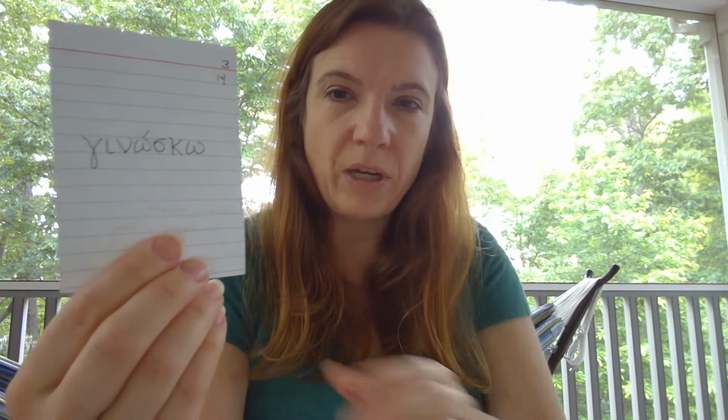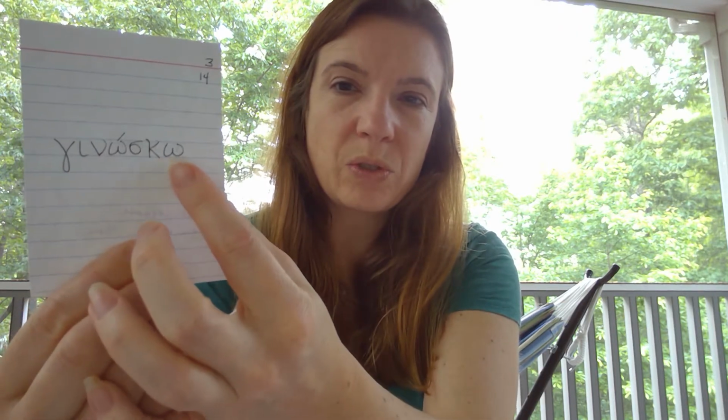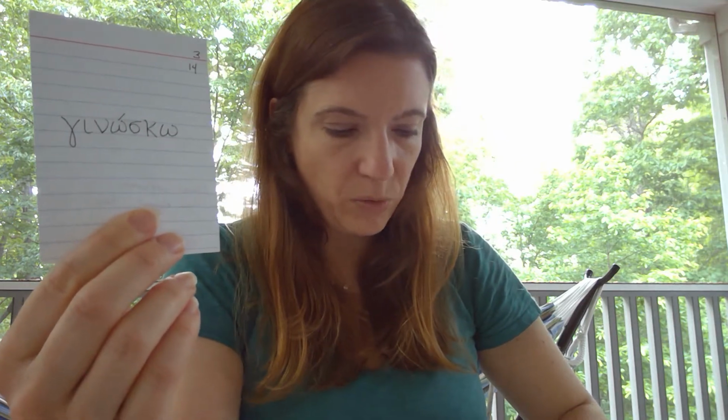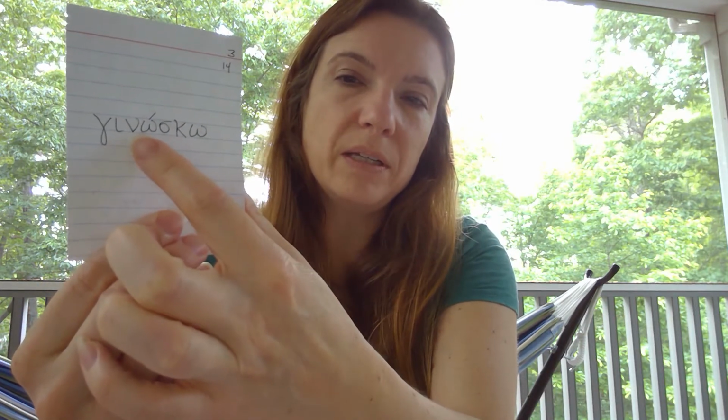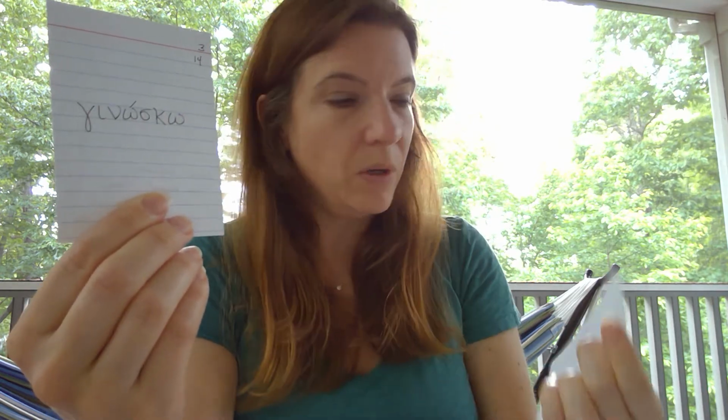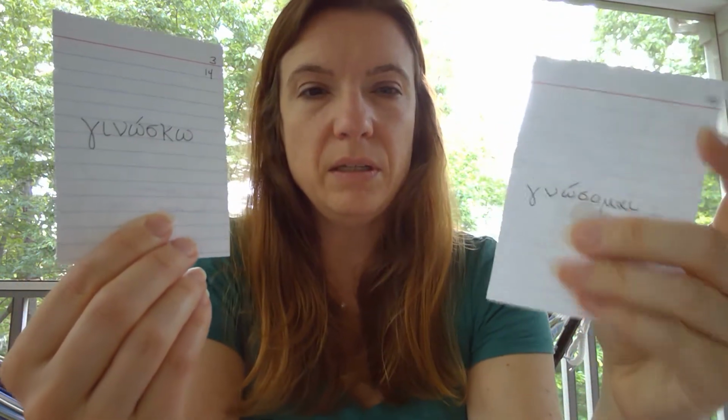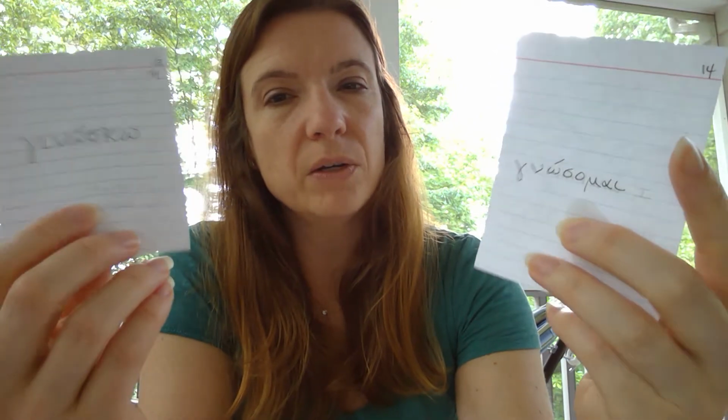All right, here we go. Gnosko. We had gnosko, I know. Now you kind of wonder, would it be gnosomai? It's different. It turns out the actual root of the word, this is in the book, is not gino, gamma, iota, nu, omega, but it's actually gamma, nu, omega without the iota in there.